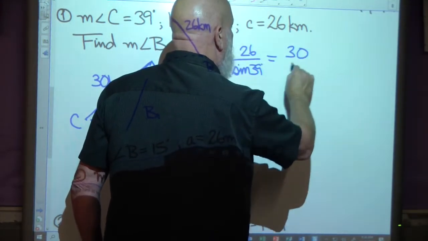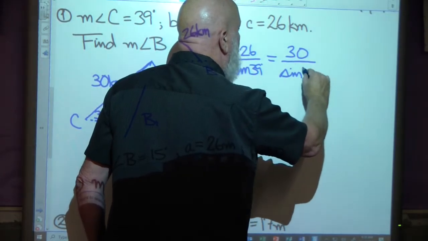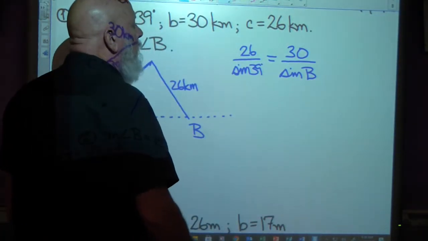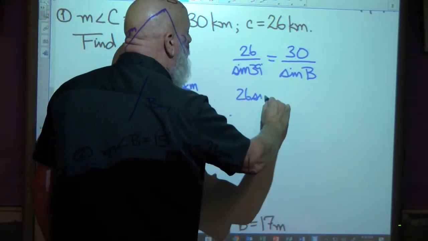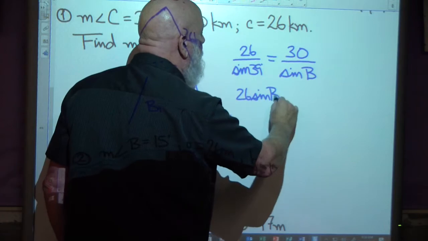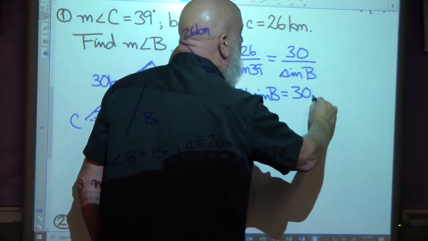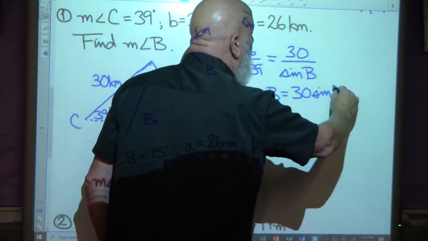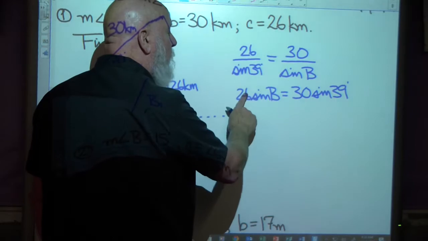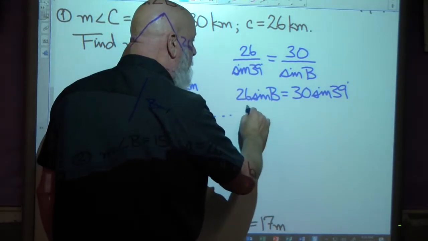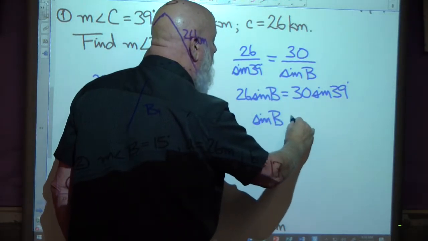Yes. Okay. Now I'm going to cross multiply. 26 sine B is equal to 30 sine 39. I'm going to divide both sides by 26. I'm trying to isolate B.